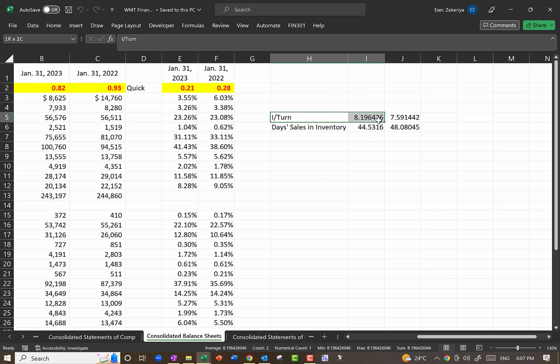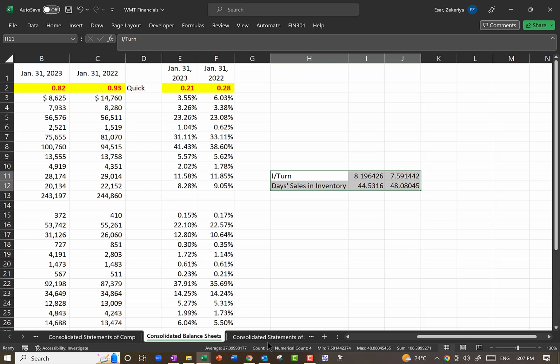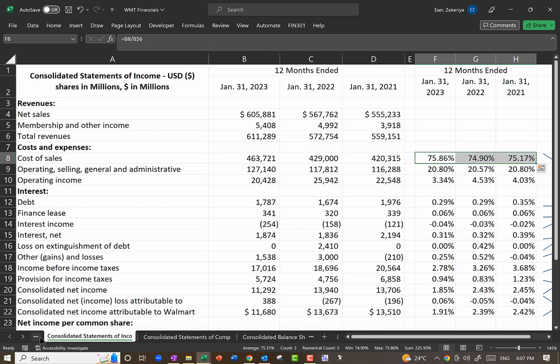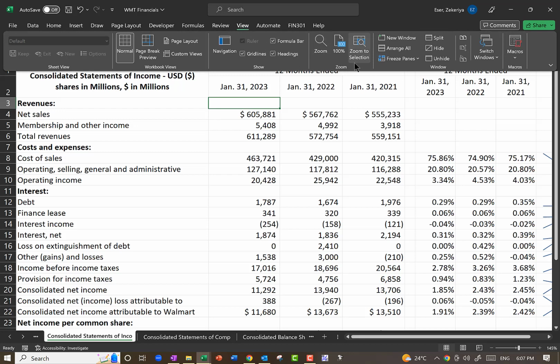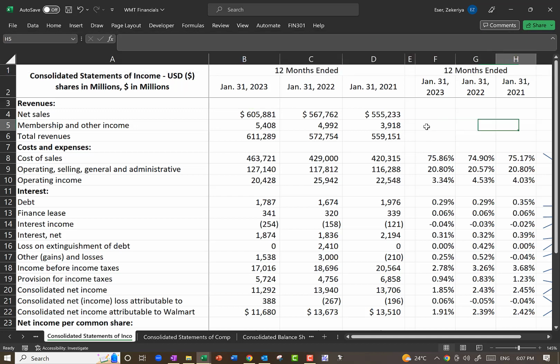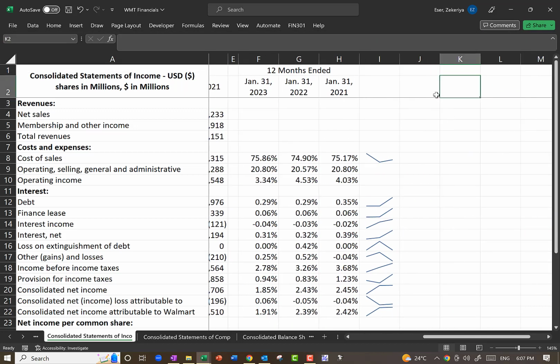So let me move these things down a bit. This isn't the balance sheet anyway, so let's go to the income statement. Let me freeze the panes. If you want to leave the top and the left fixed, click on freeze panes. This way, when I move, things remain constant. So let me copy these.